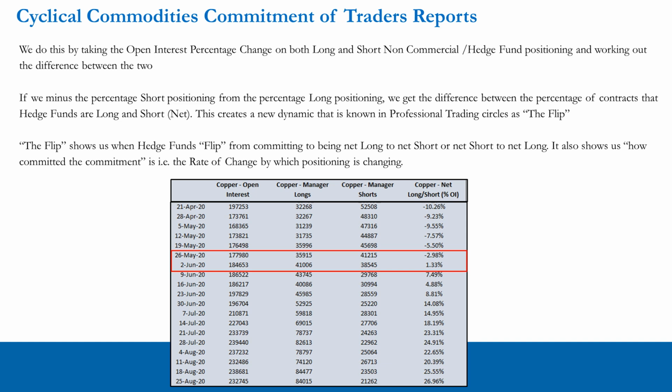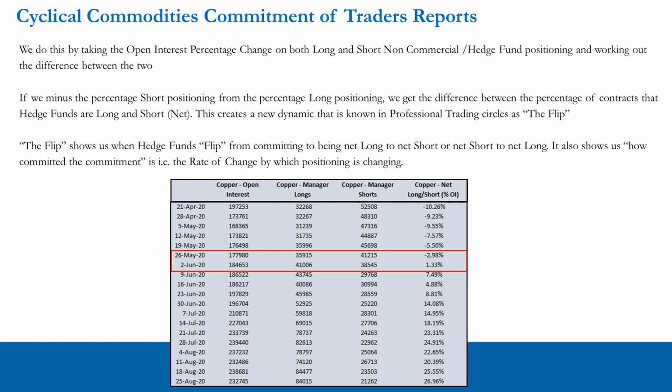And what this does is create a new dynamic that is known in professional trading circles as the flip. The flip basically shows us when hedge funds flip from committing to being net long to net short or net short to net long. And it also shows us how committed is the commitment, so the rate of change by which positioning is changing.